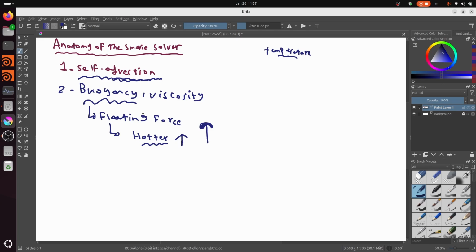Okay, and the viscosity is how viscous your smoke is going to be. For example, when you talk about liquids, honey is more viscous than water. For the smoke, you can make your smoke look viscous, and you achieve this by the gas blur node.